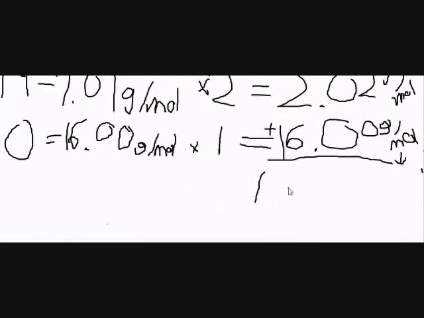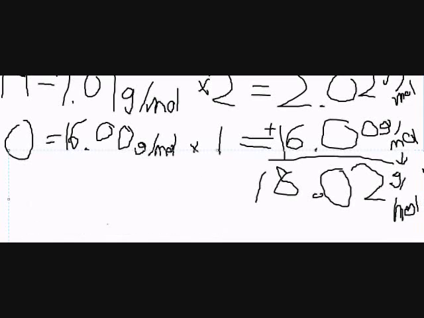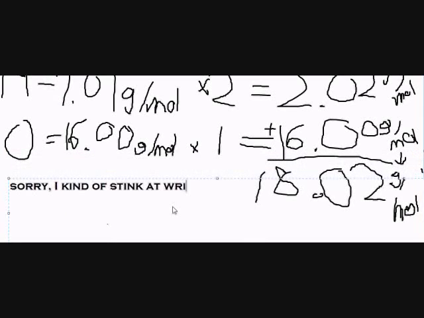Take the molar masses and multiply them respectively. And so you get 2.02 grams of hydrogen per mole and 16.00 grams per mole of oxygen, because that's how much there is. Add them together and you get the molar mass for H2O.